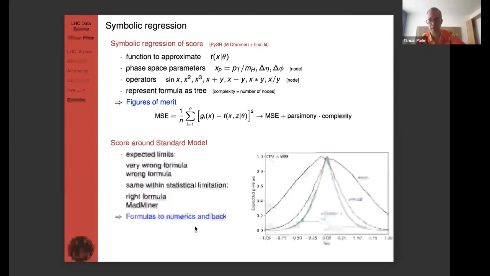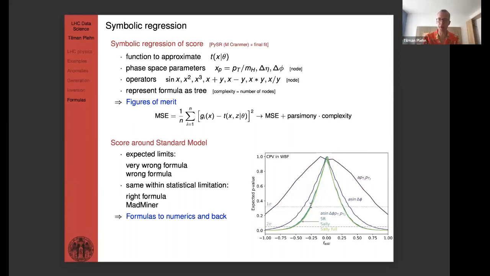And this is just the expected p-value from the analysis, and you start with a very wrong formula, which is just pT1, pT2, has nothing to do with CP violation. And you see that your expected limit on your Wilson coefficient is horrible. And then you make the function better, a sine of delta phi without any pT dependence. It gets better, right?